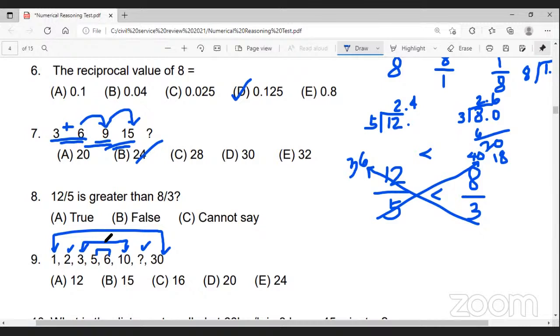They all have the products of 30. Agree, Mark? Therefore, the unknown is 2 times what number to make it 30?